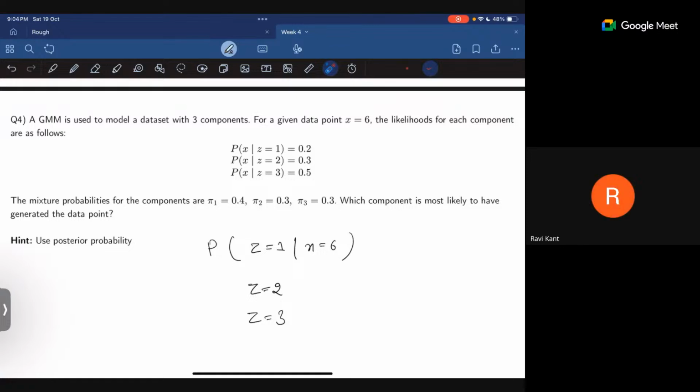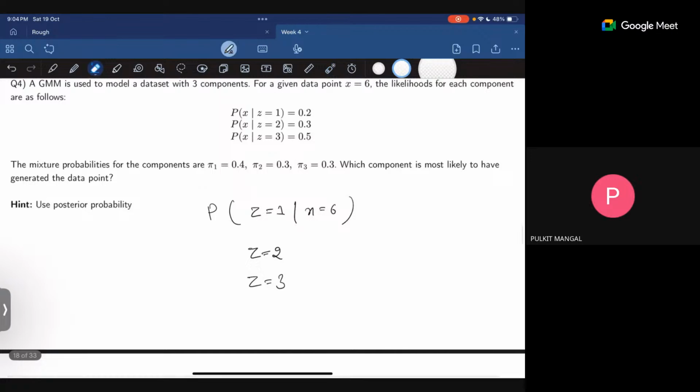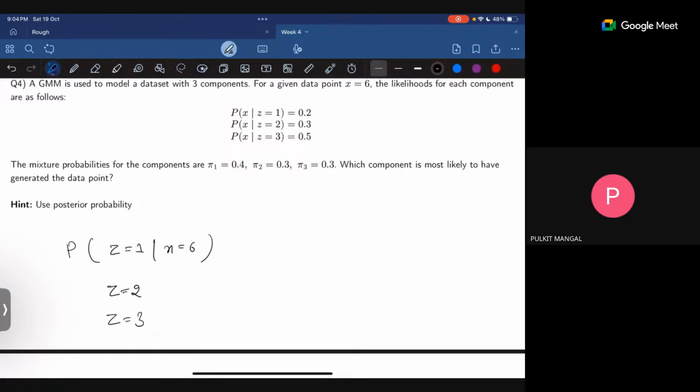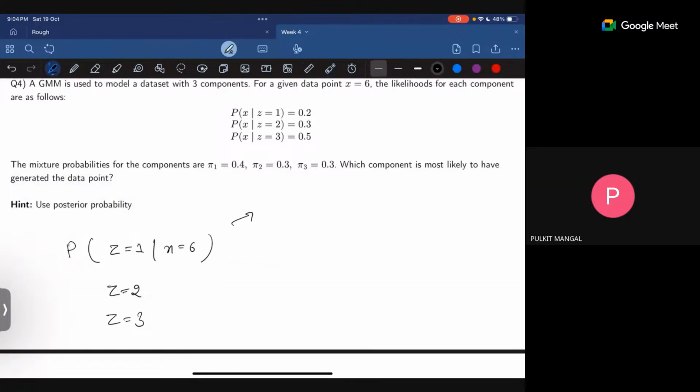We have to use Bayes theorem. Yeah, Bayes theorem. Okay, so if you want to write this probability in terms of Bayes theorem, how will you write it?